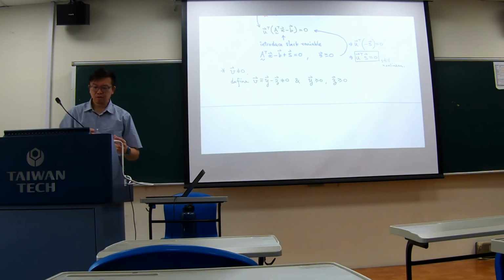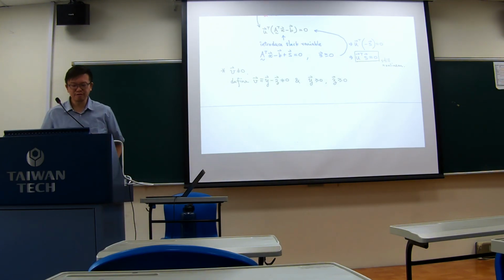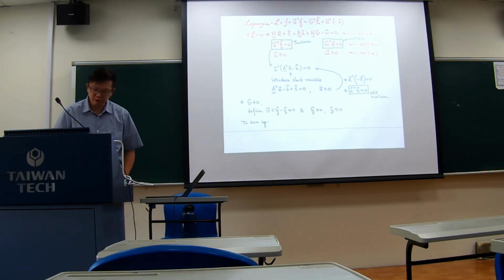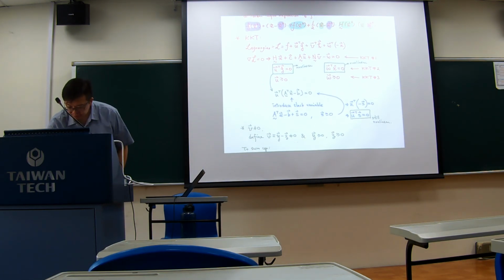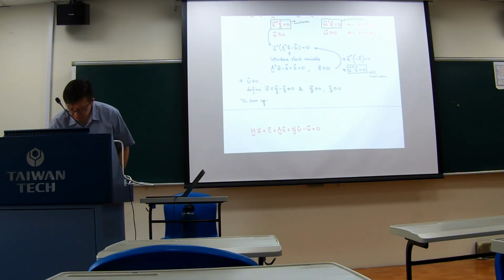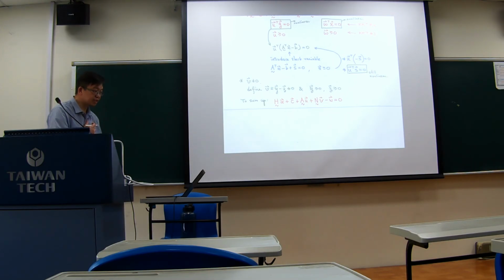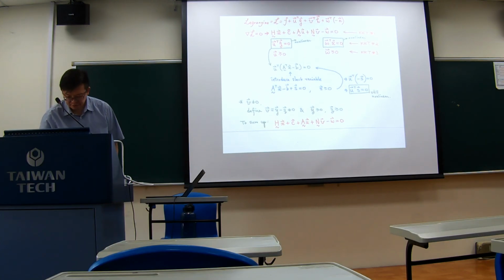So what happened at this point? Let's collect everything to sum up. We have the first equation, which is here. This is from the first KKT. Then we have this equation.